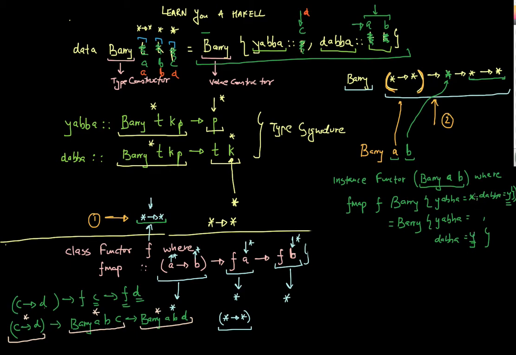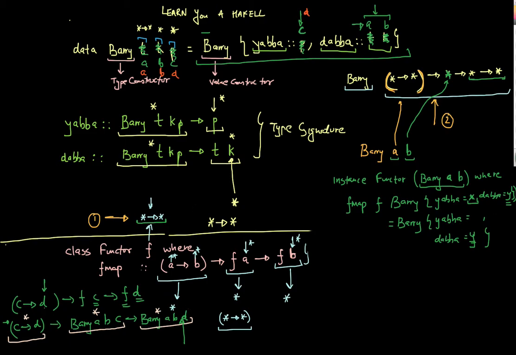But now, if I look at the type of X, the type of X is actually C. But if I take my function f and pass in X, what I get back is some value of type D, and that is exactly what I need here. I need some value of type D to completely have a value of type Barry ABD.